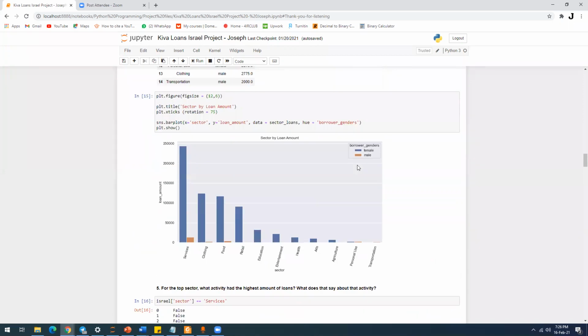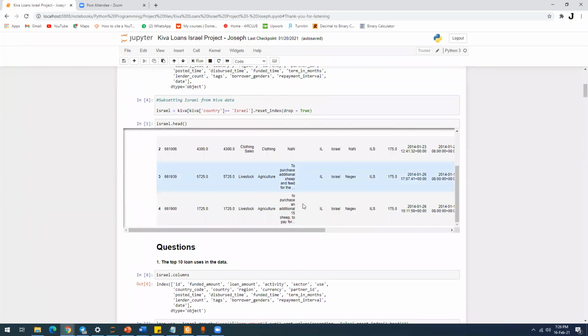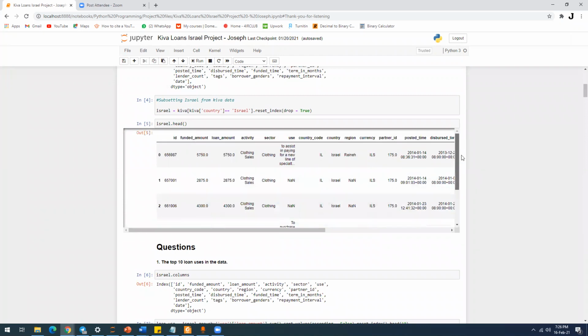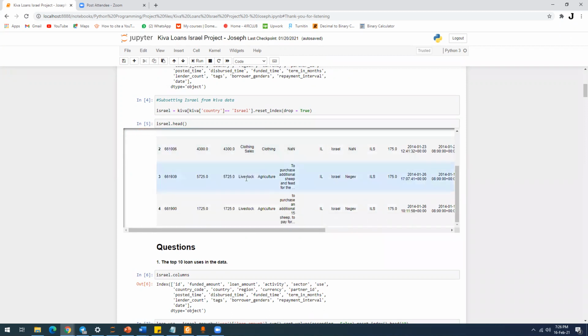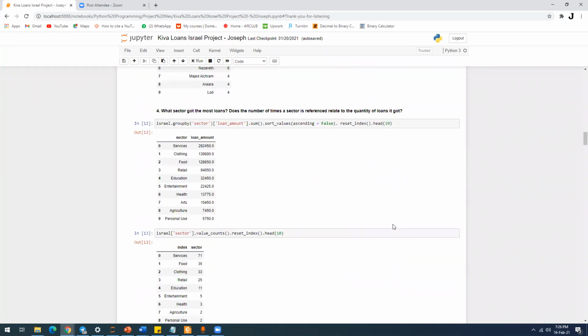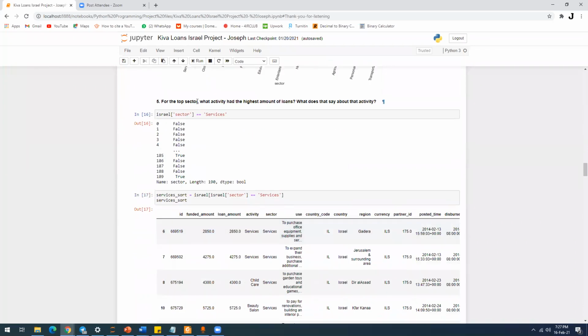From this dot head, you can see that for every sector, there was an activity. Clothing had an activity in clothing sales. Agriculture had an activity in livestock. So what we are being asked here is, what activity in the services sector had the highest amount of loans?